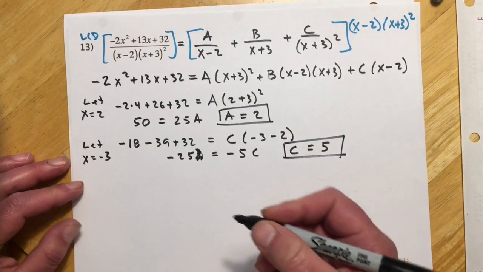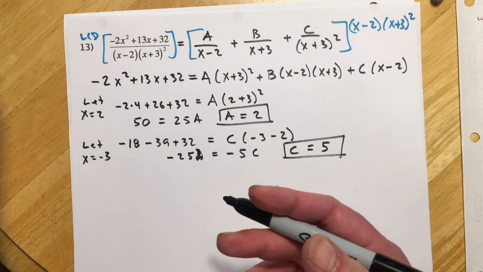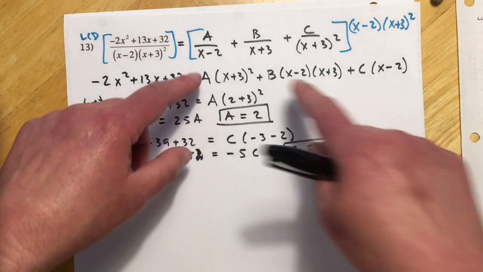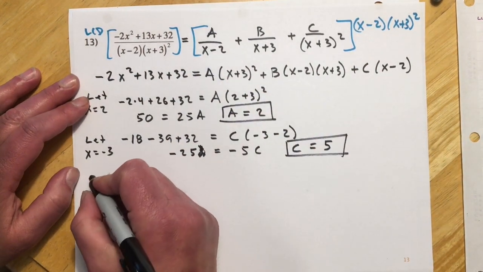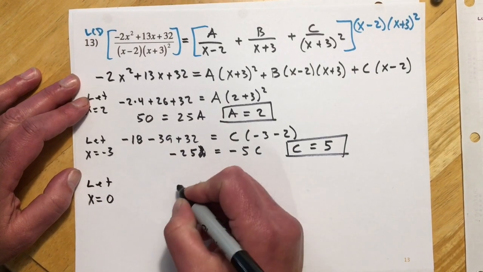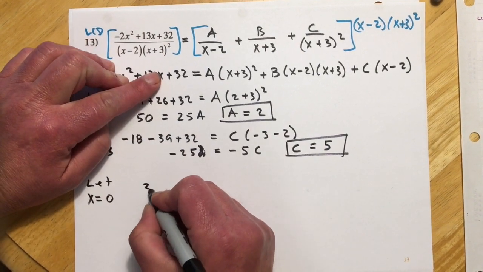And then I need one more solve. When I have just one unknown left, because I already know two of these values, and I just need b, I'm going to let x equal 0 because it's easy. That knocks out these two terms, and I'm left with just 32 on this side.